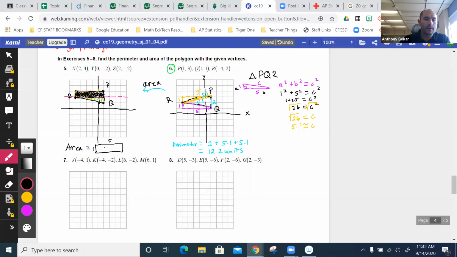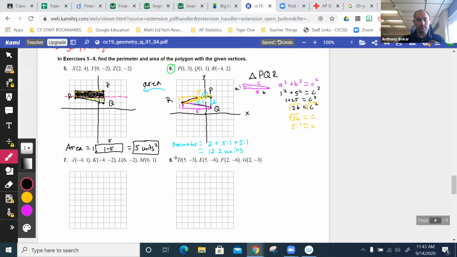The area is 1 times 5. So this whole thing is 5 square units, or units squared. So the area of the triangle is the same as this rectangle. So that would be 5 square units. Okay, so that's how you can find the area of that shape.